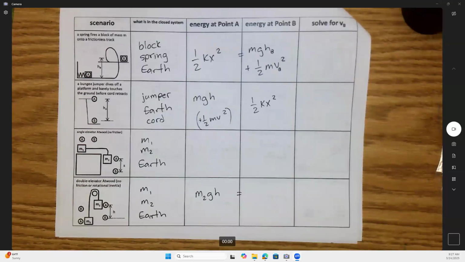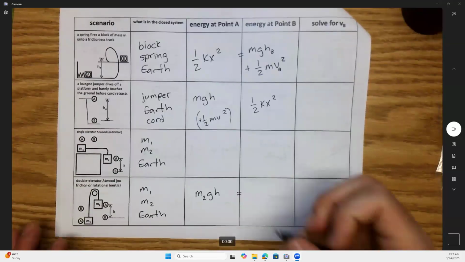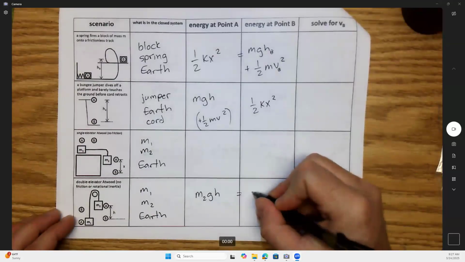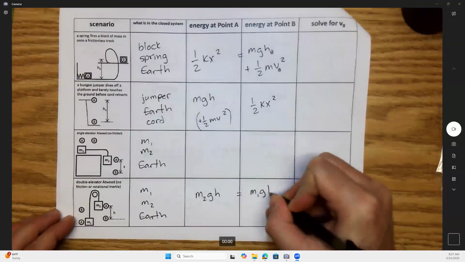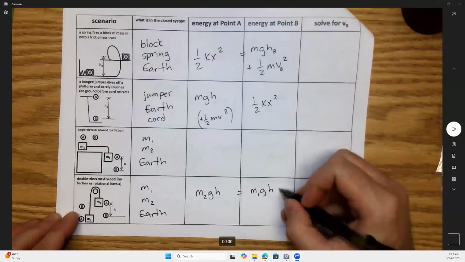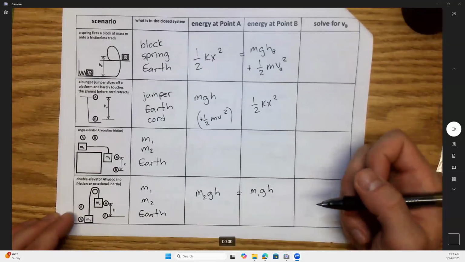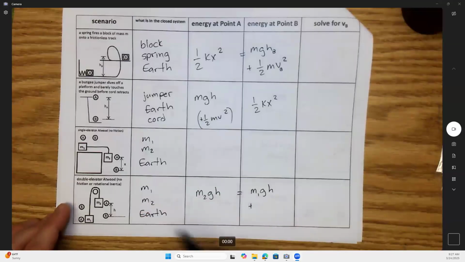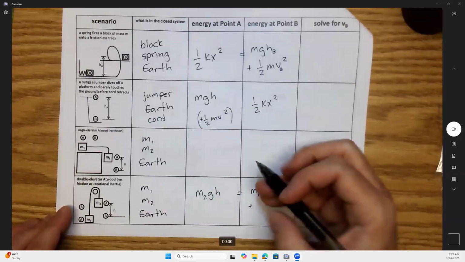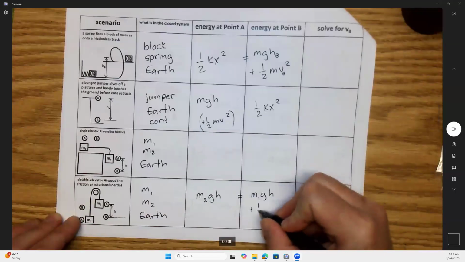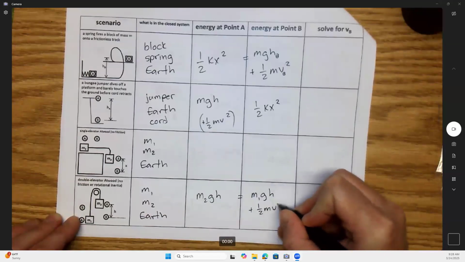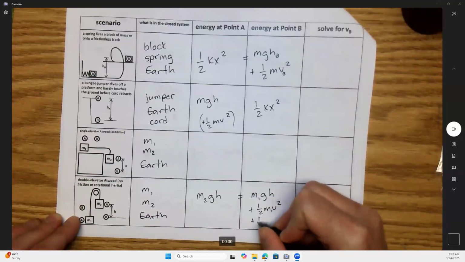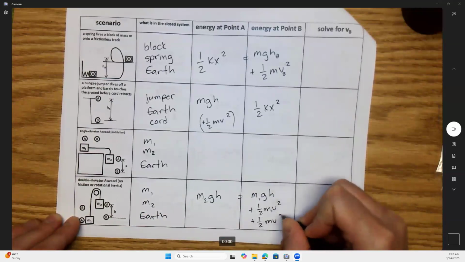All right, so what you guys came up with is, he said it has to lift M1. So some of the energy goes into lifting M1. M1gh. Also, at the end of that motion, aren't both blocks still moving? And that's what kind of energy? Yeah, 1/2 mv squared for block one, and also 1/2 mv squared for block two.